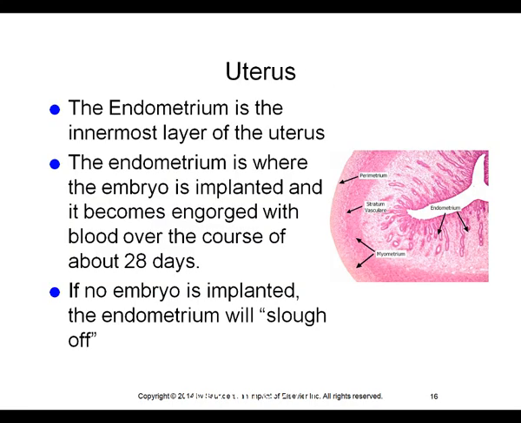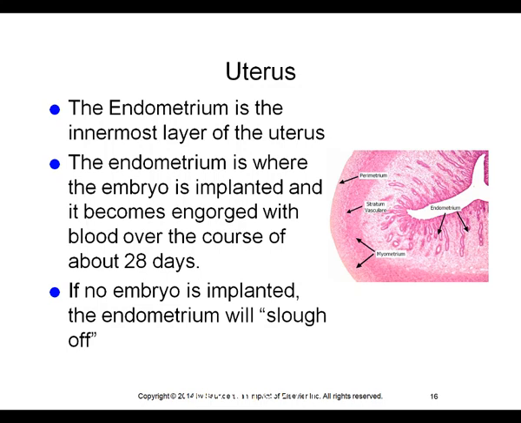So the endometrium is the innermost layer of the uterus. If you look over there to the right, the endometrium is the inside of the uterus where the embryo is implanted. It's also the part of the uterus that sloughs off during menstruation.